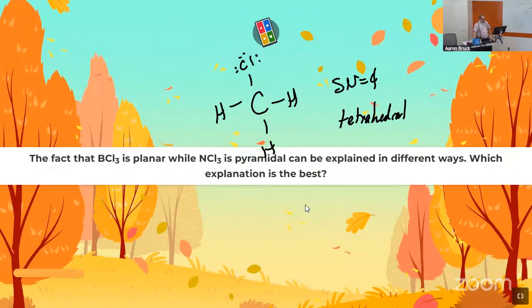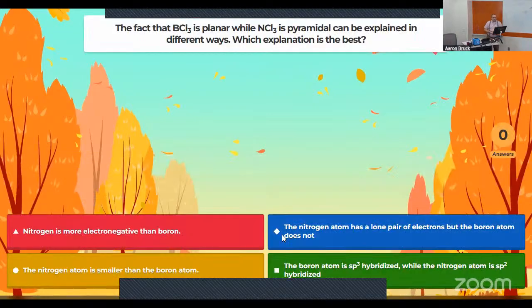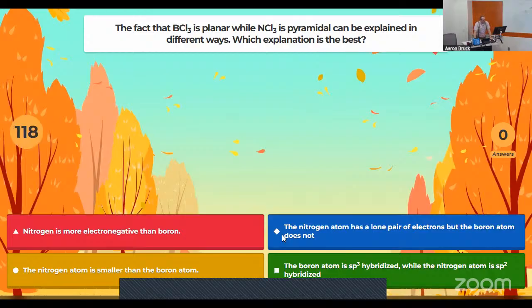All right, we'll look at one more. Boron trichloride is planar. Nitrogen trichloride is pyramidal. Which of these is the best explanation for that?